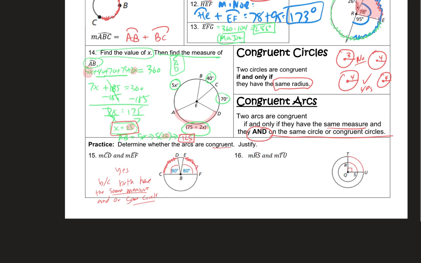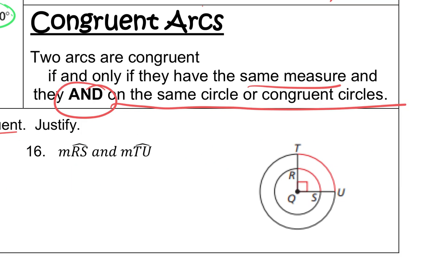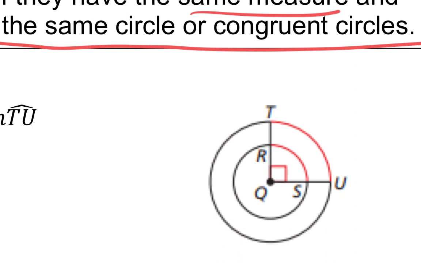Now RS and TU. Let's take a look at that. RS is just right over here. That's created by this angle, and this angle is 90 degrees. So that means RS is equal to 90 degrees. How about TU?